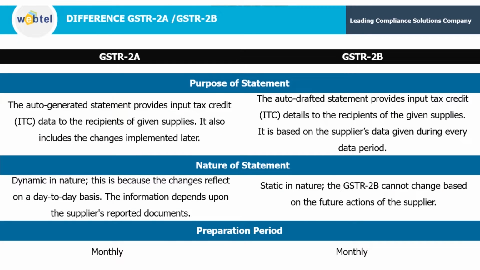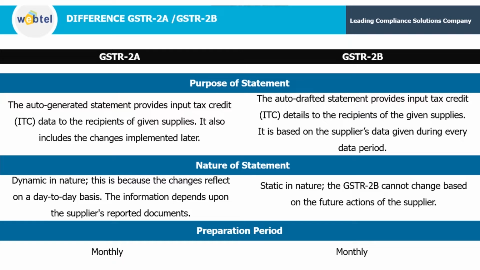Now what is the similarity and dissimilarity between 2A and 2B? Now as we know, 2B as opposed to GSTR-2A remains constant for a period. 2A keeps on changing as a supplier files their GSTR-1, but 2B when generated for a period will not change. So first of all, what is the purpose of the statement?